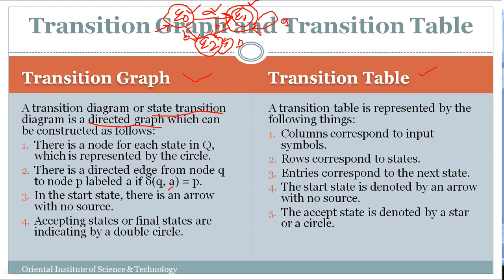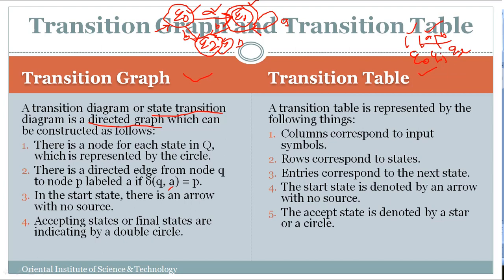Similarly, another way to represent it is a transition table. You draw a table which contains the current state and the next state possible on each and every input. Let there be two types of input, A and B, two alphabets. If you have some state Q0 and get input A, you can reach state Q1, and on input B you can reach state Q2.